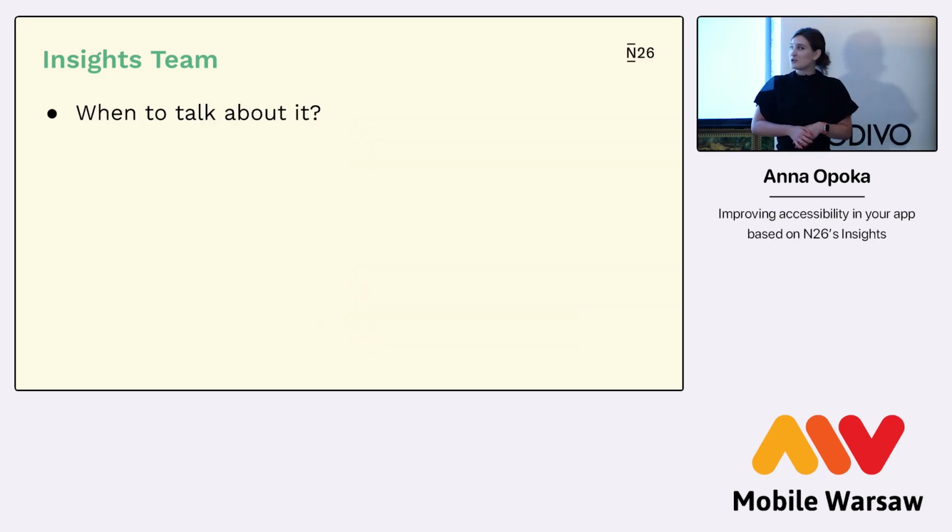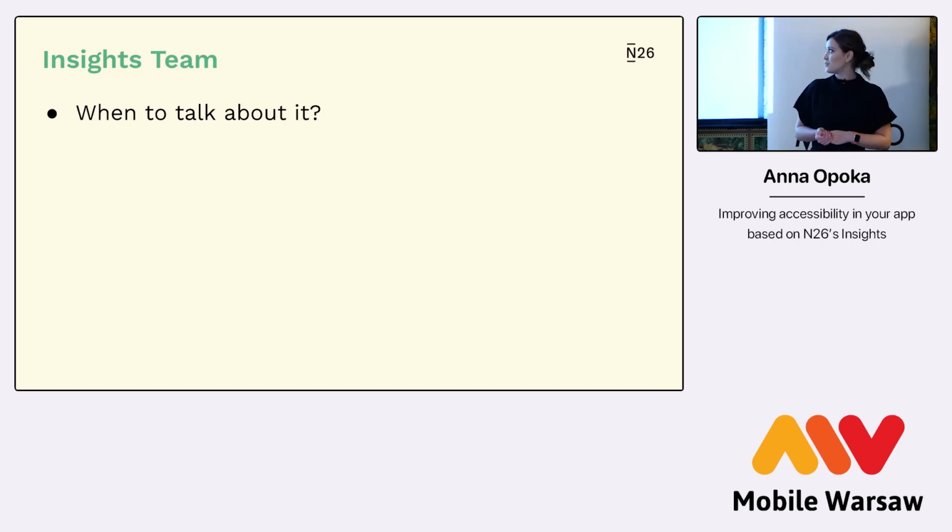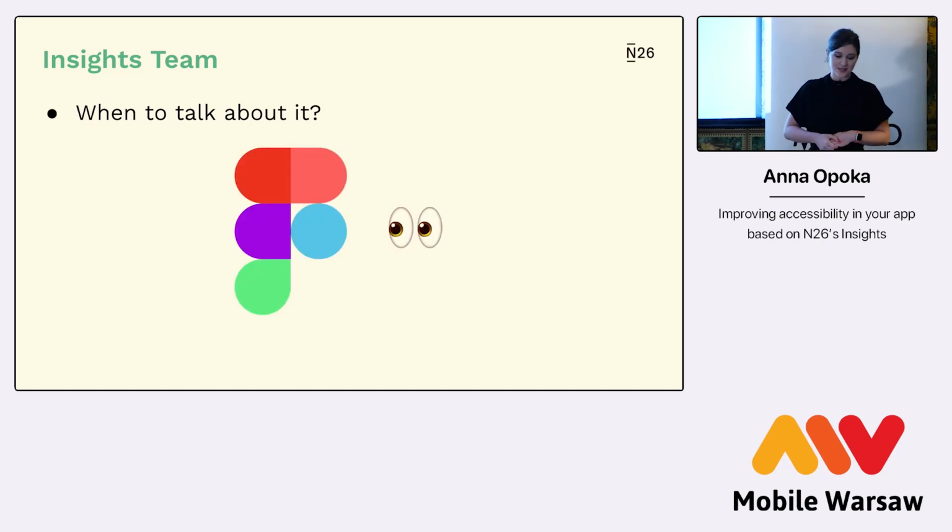So when to talk about it? What works in my team is starting the topic as soon as possible, which in our case means that we start in the refinement meeting. We see the design, we talk about some business logic, and this is also a good moment to talk about accessibility on a high level.